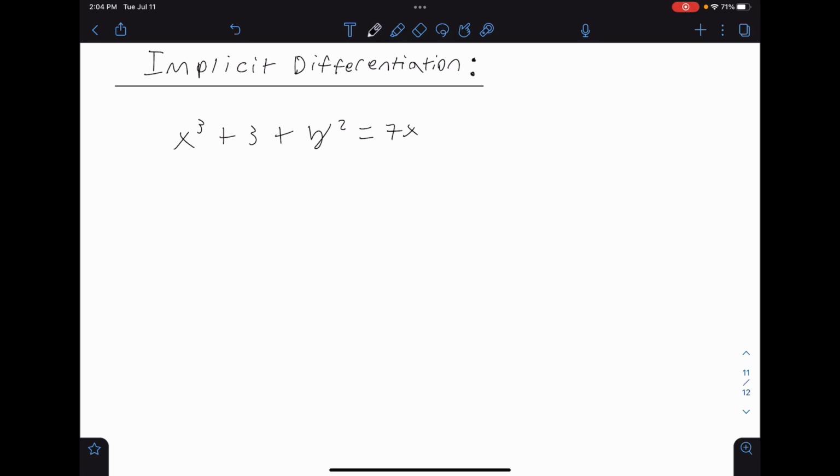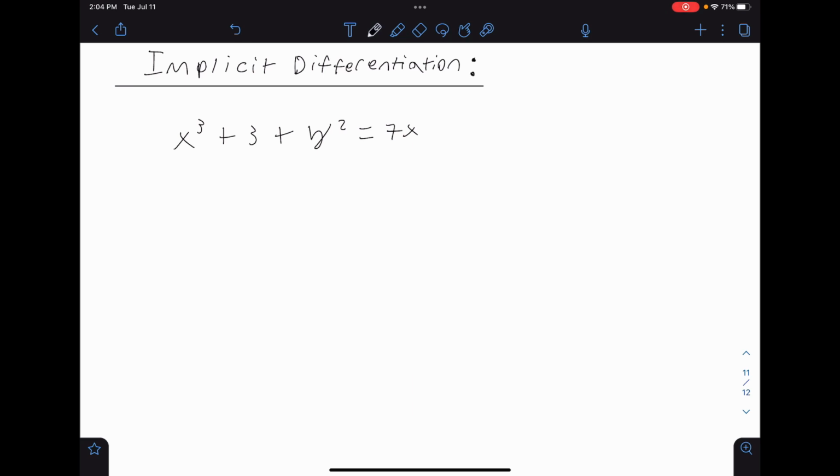Because you're used to seeing something like y equals 2x, or f of x equals 2x, right? Well, this time we're given two variables within our equation, and one of those variables is y, and y just happens to be an implicit function of x.